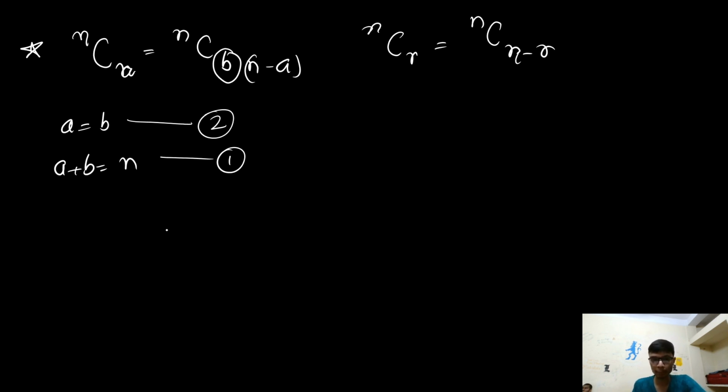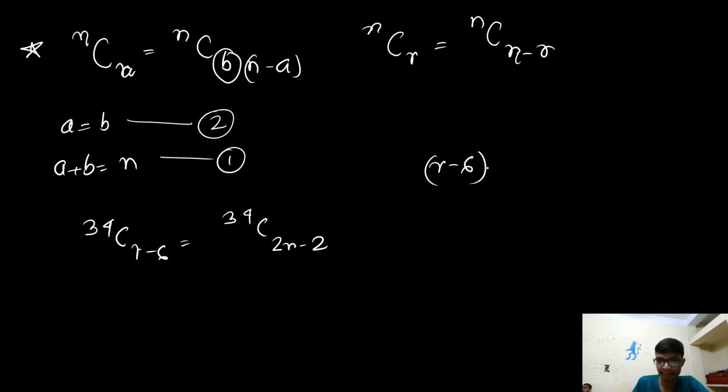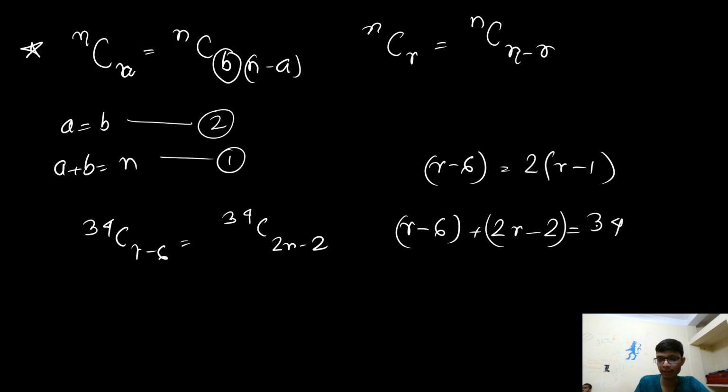All right. So if we compare the coefficient, that is 34C(r−6) is equal to 34C(2r−2), we can write two equations for this: r minus 6 is equal to 2r minus 2. Also we can write another equation, that is r minus 6 plus 2r minus 2 is equal to 34. So we get two equations from here.